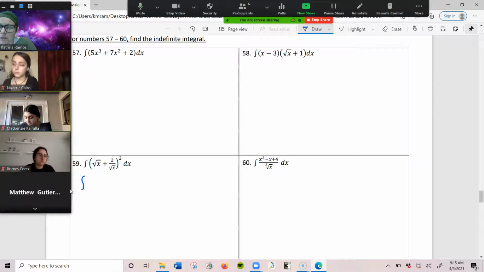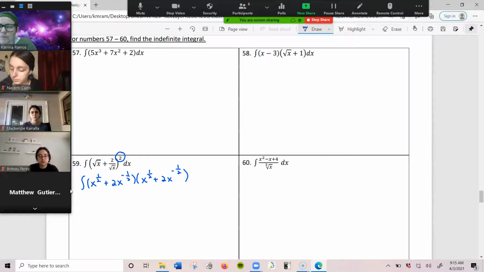So this is the integral of x to the 1/2 plus 2x to the negative 1/2. Is that okay for the inside? And then because this is squared, that means that we're multiplying it with itself. x to the 1/2 plus 2x to the negative 1/2. So far, so good?